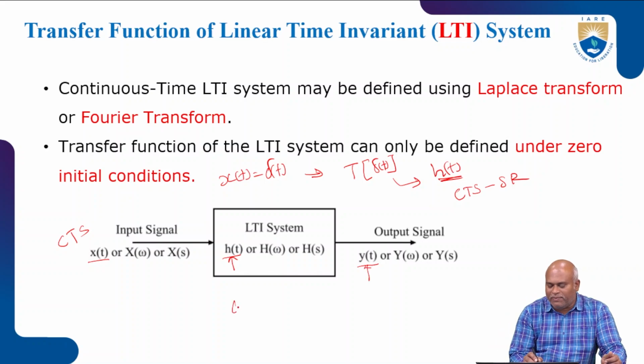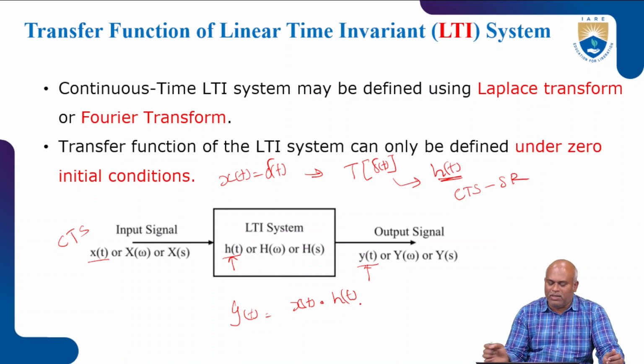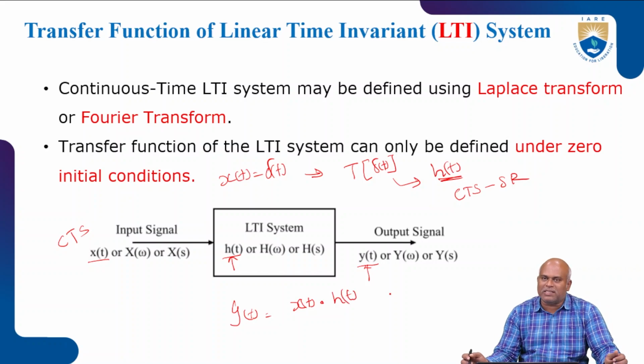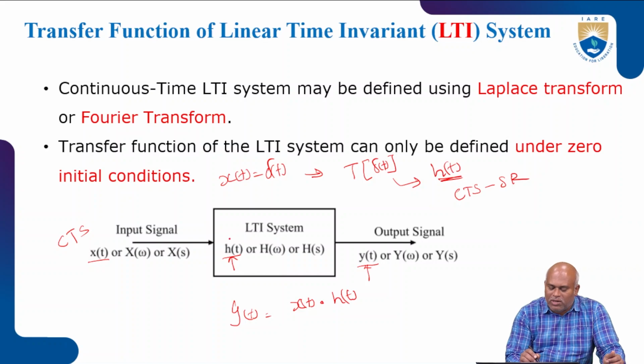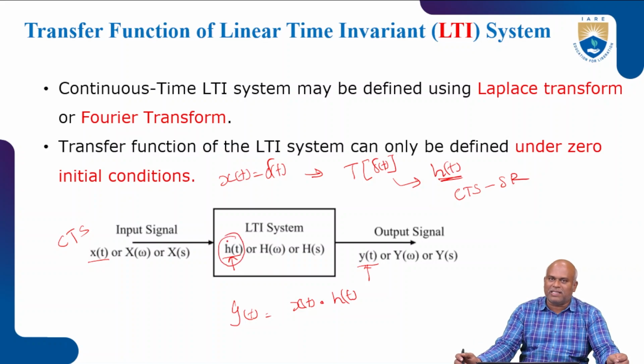Now y of t is equal to x of t convolved with h of t. We call this the system output. Now we are going to study only this case, the transfer function h of t.